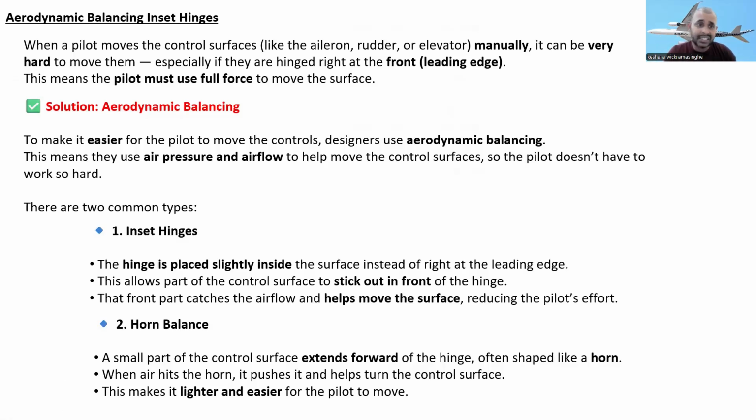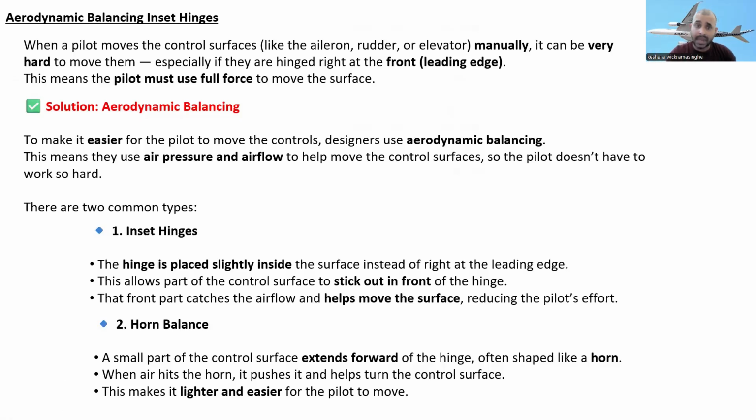In the inset hinges, the hinge is placed slightly inside the surface instead of right at the leading edge, and this allows part of the control surface to stick out in front of the hinge. That front part catches the airflow and helps move the surface, reducing the pilot's effort.